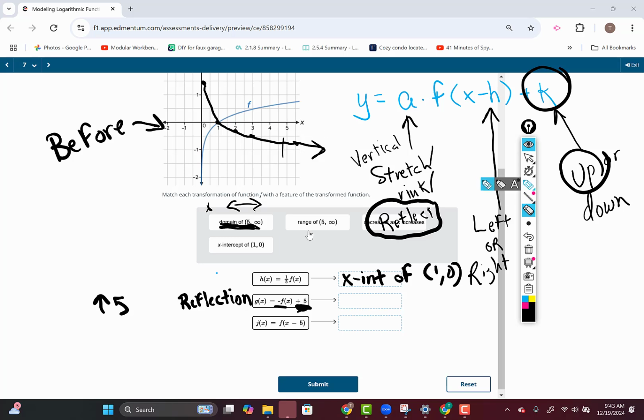The one that's tricky is this next one, range of 5 to infinity. Oh, you think, well, we are going up 5, but there are two problems here. One, the lower number is not going to be 5, but that part could be up for interpretation. I could see how that mistake could be made.